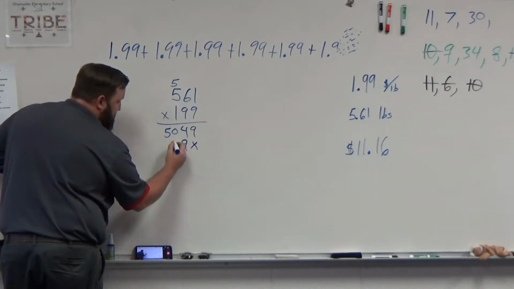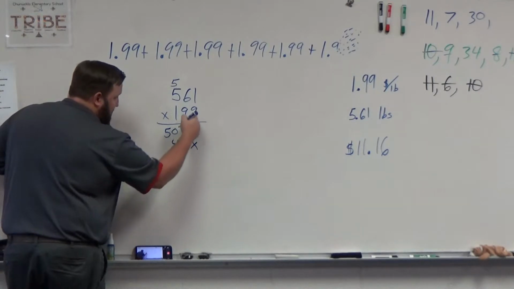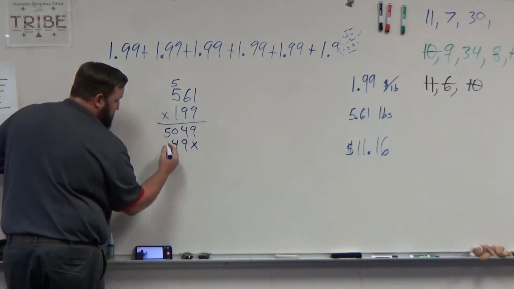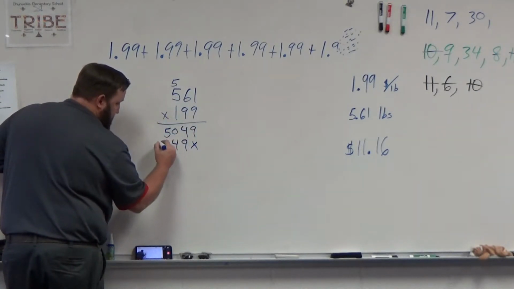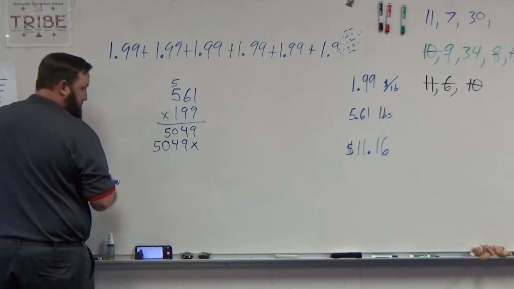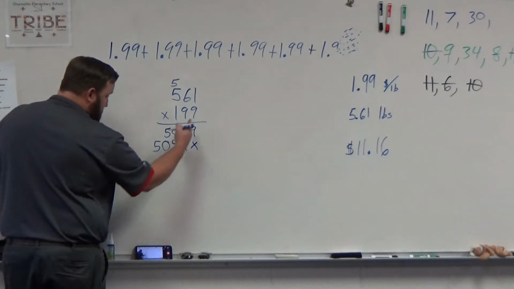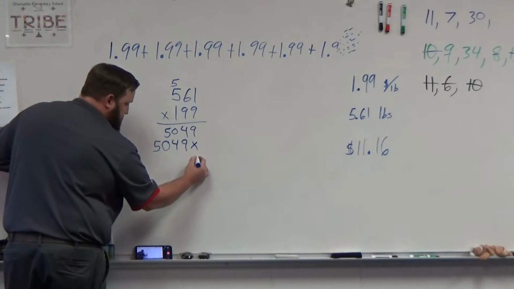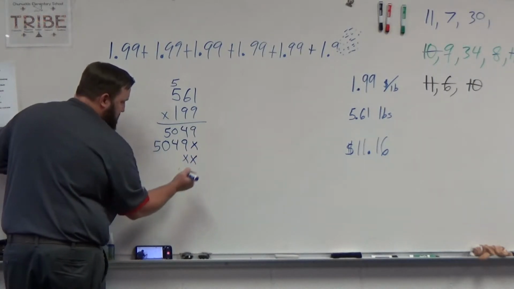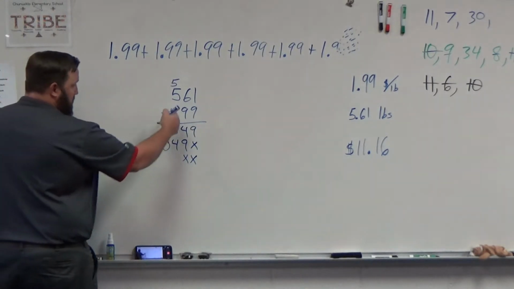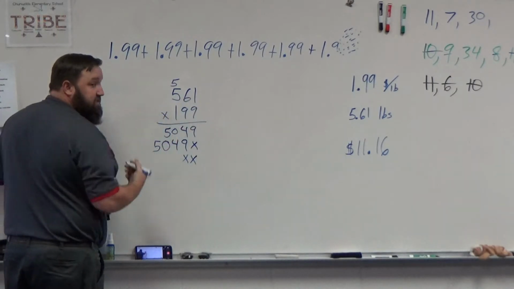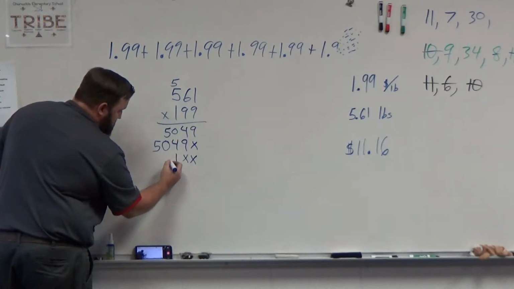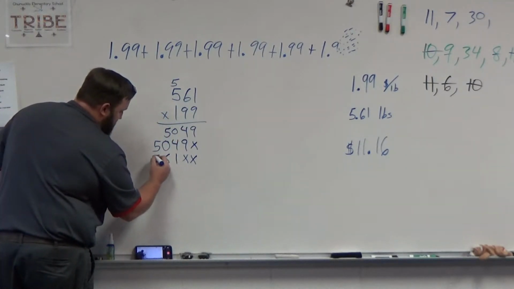This is going to give me the same number, because I already multiplied 9 through there. I'm just going to multiply 9 through again, and that's going to give me the same number. Now, for the last digit, I need 2 placeholders. And then it's just 1 times 561, which gives me 1, 6, 5.